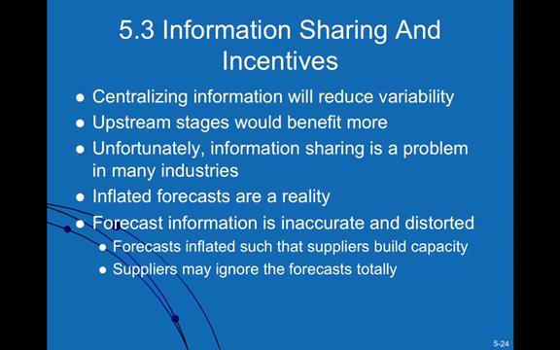They fear that their suppliers will share the information with their competitors, and there's still that tendency to want to inflate forecasts, even though you might want to share some information. So information sharing is useful, but we have to ensure that that information is accurate and is not distorted.